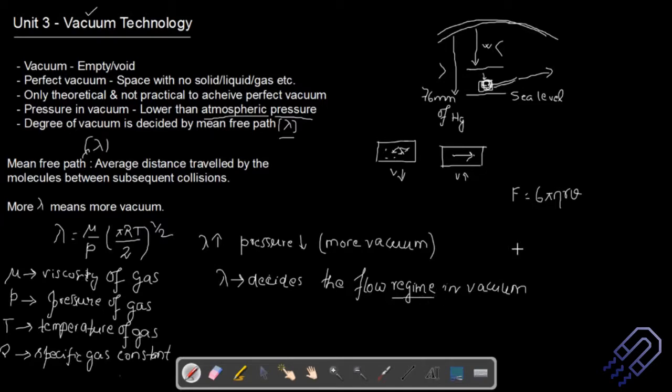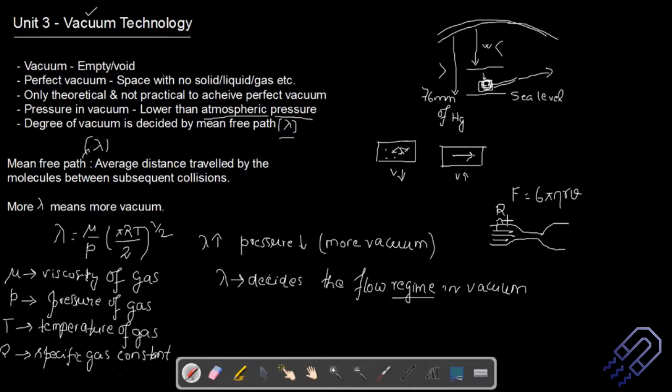If you come across Stokes law, F is equal to 6 pi eta R V, and let's say you have a pipe, something which you might have studied in class 11, and you have some flow of, let's say, water. Depending on a factor which we call the Reynolds number, we can say whether this flow is turbulent or streamlined.